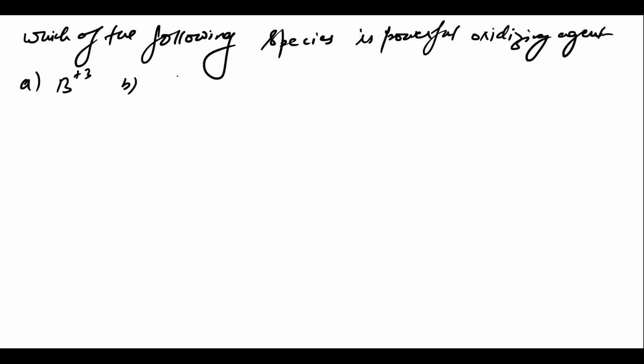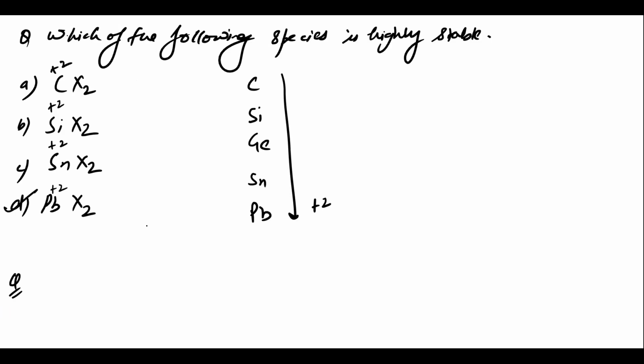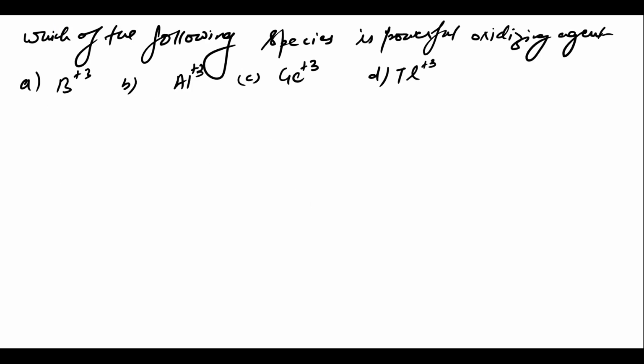Option B is Al3 positive. Option C is missing, and option D is tellurium 3 positive. Here we have written gallium. No? This is Ga. Tell me.